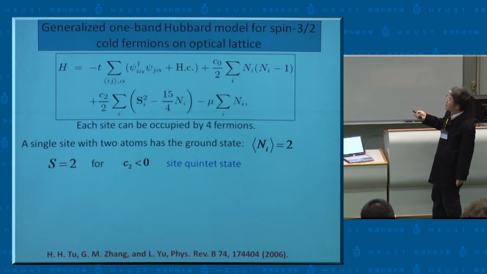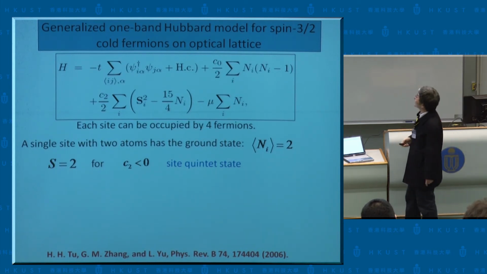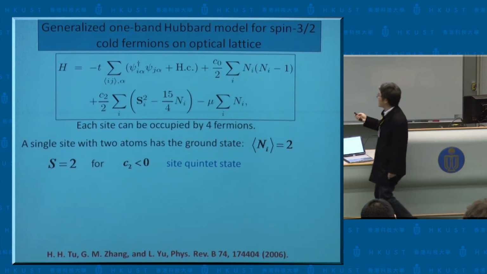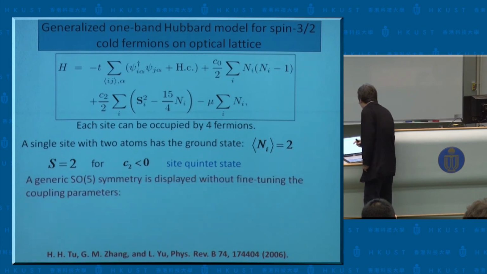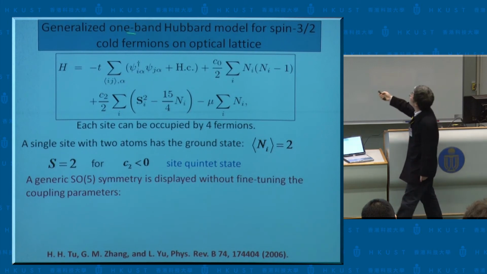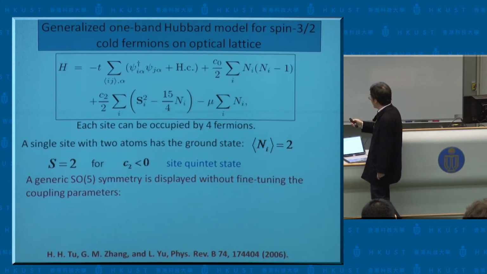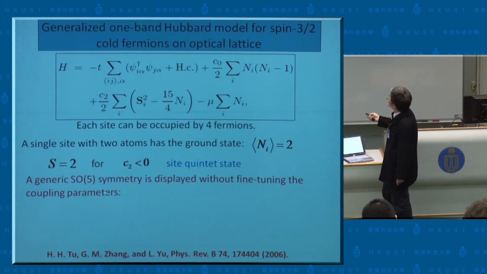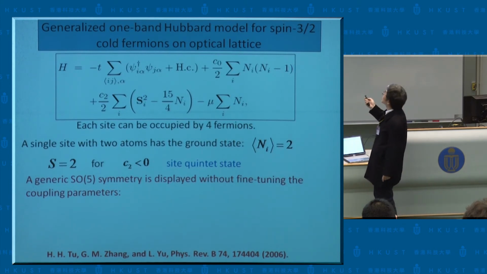The nature of the ground state is highly dependent on the sign of this spin-dependent coupling. When this coupling C2 is negative, the states on a single site will be spin 2 states. For this particular form of interaction, you can prove that there is a generic SO(5) symmetry without any fine-tuning of the coupling parameters.